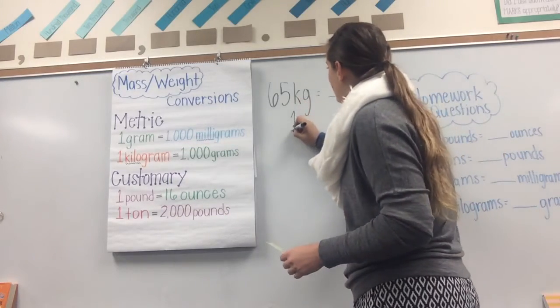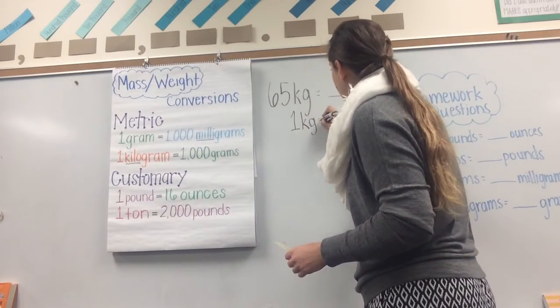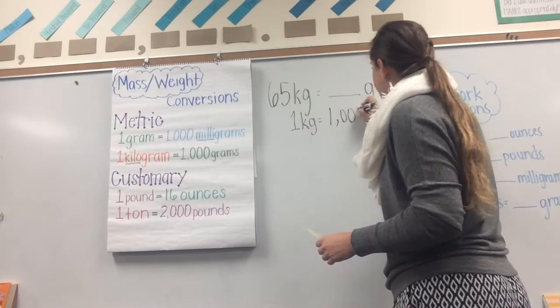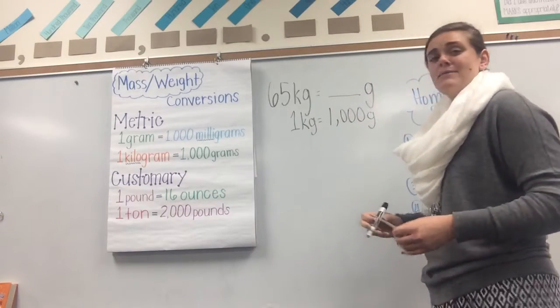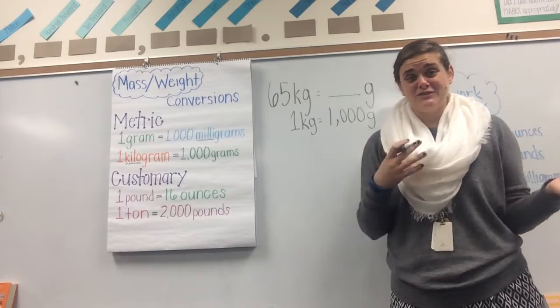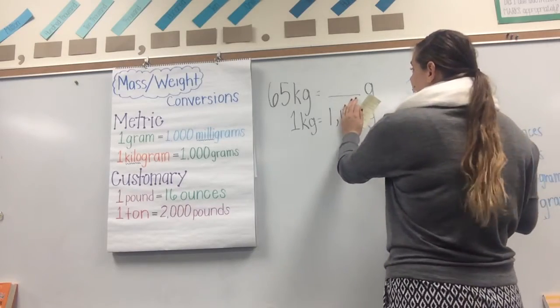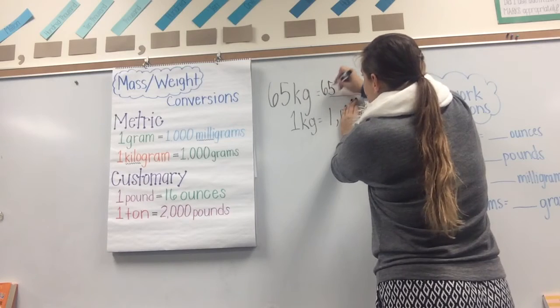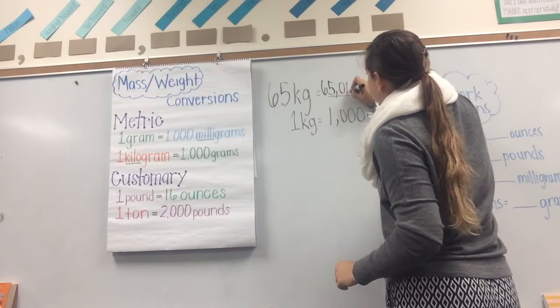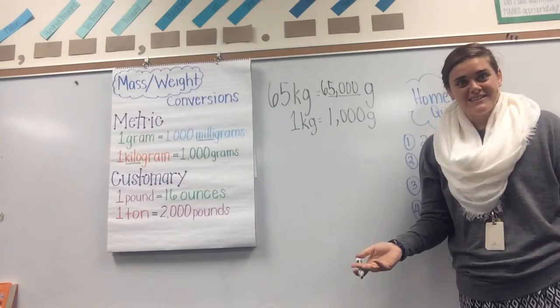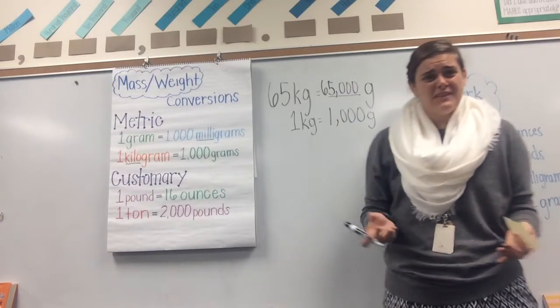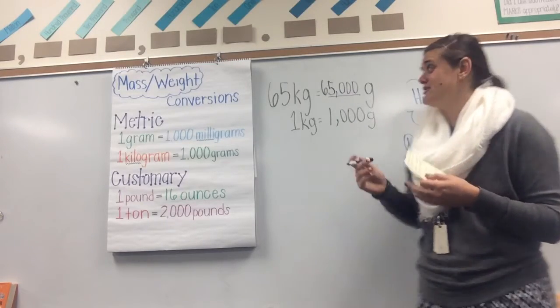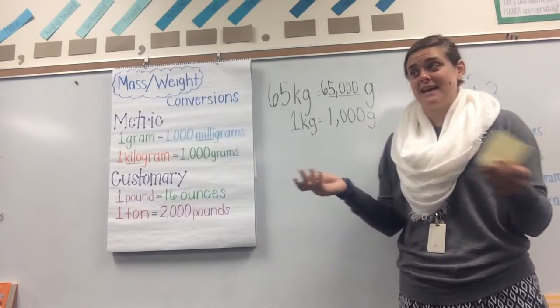So I know that 1 kilogram equals 1,000 grams. I'm going to use the same strategy that I used before. I'm going to cover up these zeros. 65 times 1 is 65, and then I'm going to add these zeros back in. That was so much faster. That's why they use the metric system a lot in other countries, because it's quick, because it's times 10.